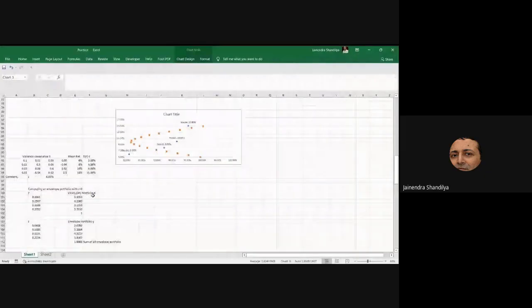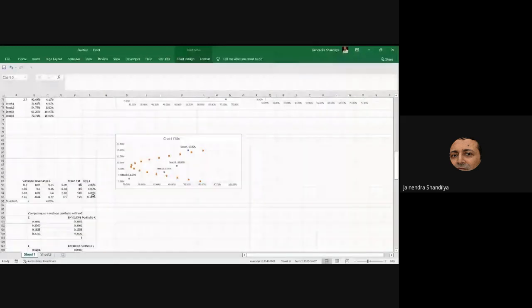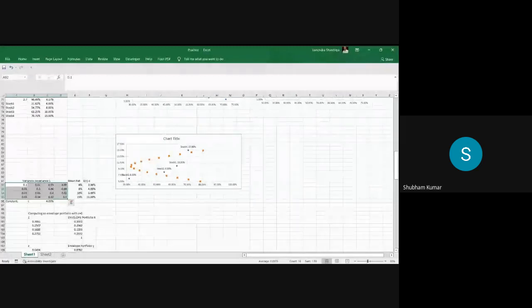Just go to the variance covariance matrix. This is our variance covariance matrix. Can you see this? Yes, sir. If I take the sum of the left one and divide by the sum of all the 4 ones, this will be my global minimum variance portfolio.